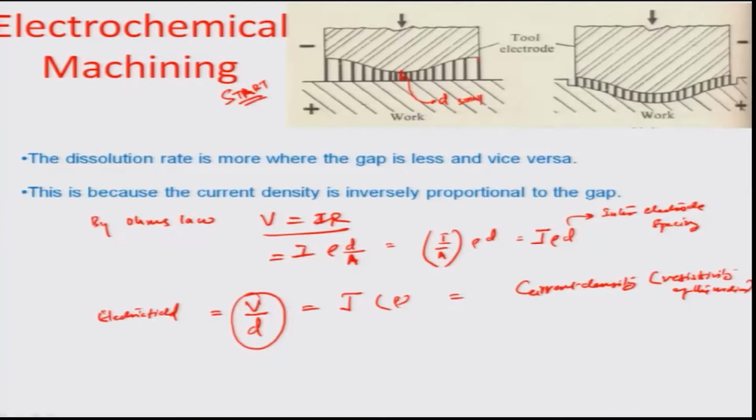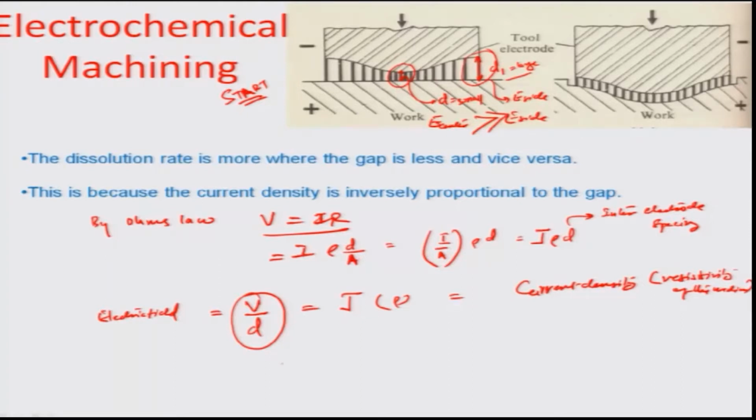On the other hand the distance d here, let's call it d1, is quite large, okay. So obviously the electric field at the center here would be more in comparison to the electric field at the side. So if the electric field at the center is E center, and this is the electric field at the side, obviously E center is much larger in comparison to E side.